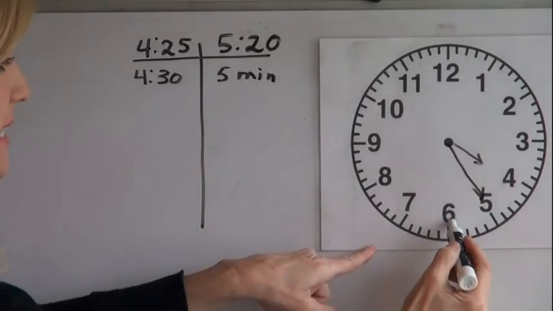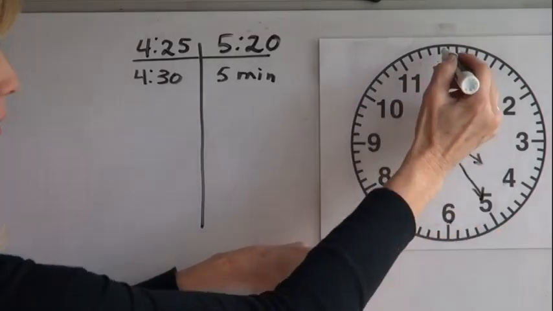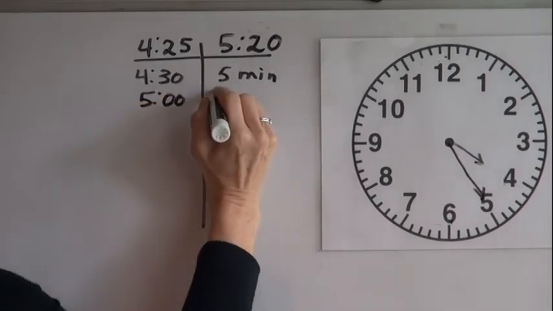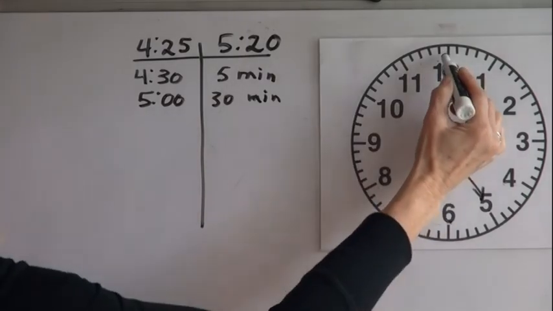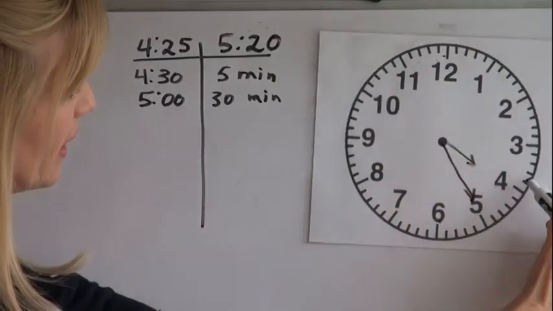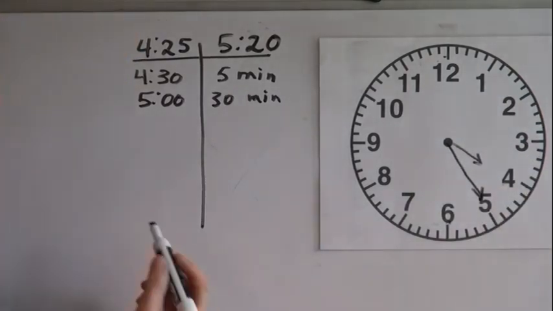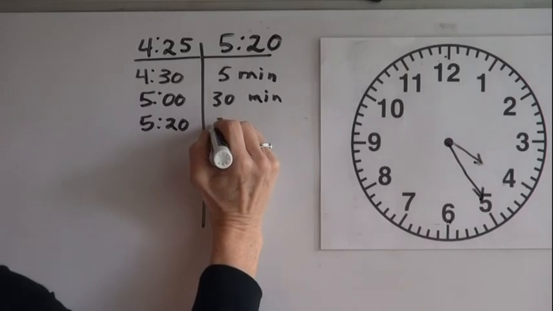Well, now it's easy to make that 30-minute jump. So if I go from 4:30 all the way up to here, that takes me to 5 o'clock. 30 minutes. Right here. Now I'm at 5 o'clock, and now I just have to go to 5:20. So that's 5, 10, 15, 20. I could go ahead and just do that jump like this.